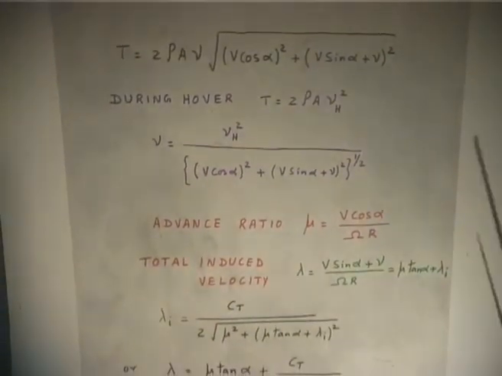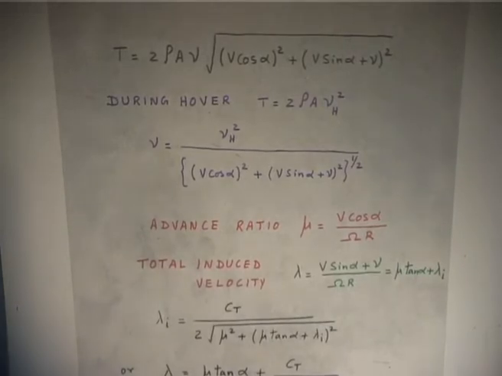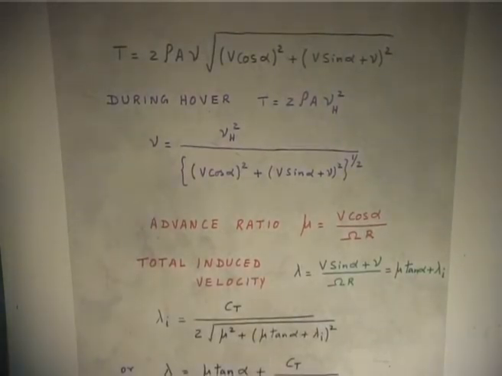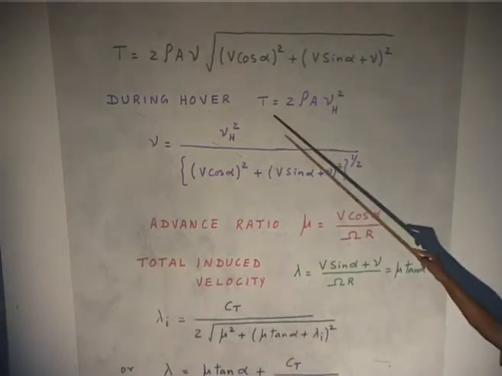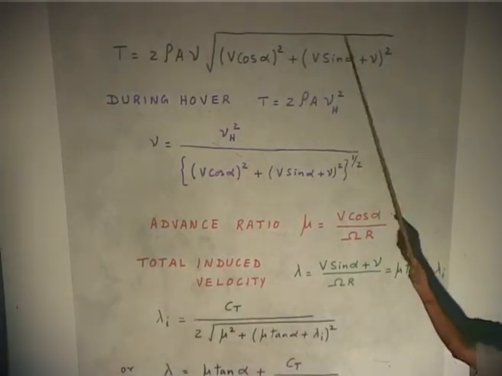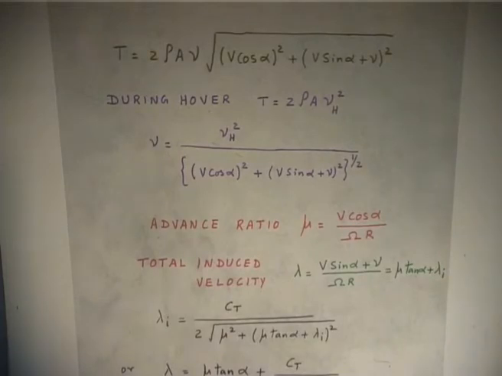Thrust is, you know, Ct, and you will see how I get inflow, because in the hover case it is square root of Ct by 2. Here you use this expression non-dimensionalized, divide by rho, you will get that expression of lambda i.